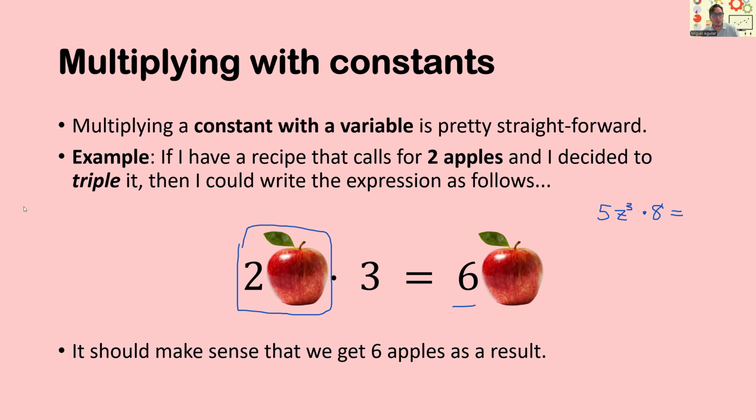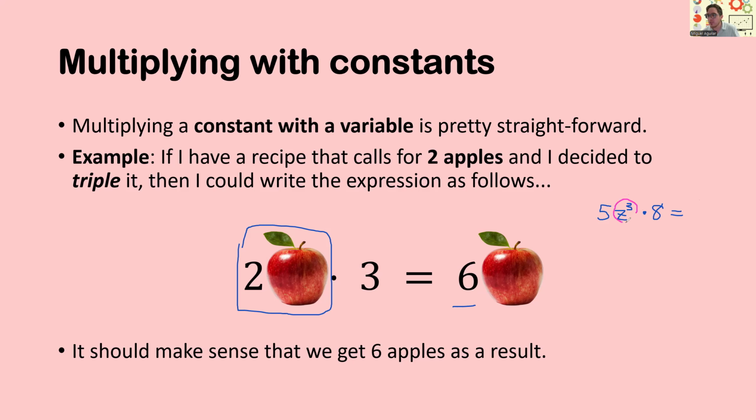Does anybody want to venture a guess as to what they think the answer is going to be here? 48? I said 48. I don't know. I think I multiplied that wrong. Yeah, it's a little bit off. You're close. Does anybody else want to venture a guess? 40z cubed. Yeah, 40z cubed, right?